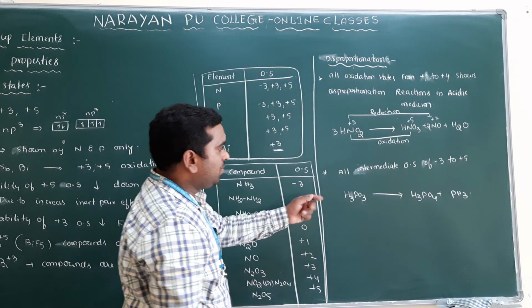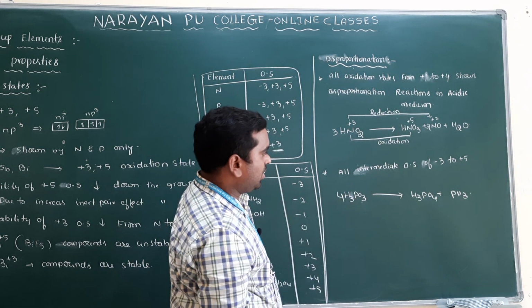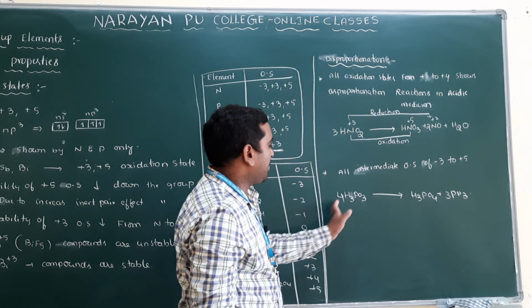Clear? So if you multiply this one by 4 and this one by 3, phosphorus is balanced.